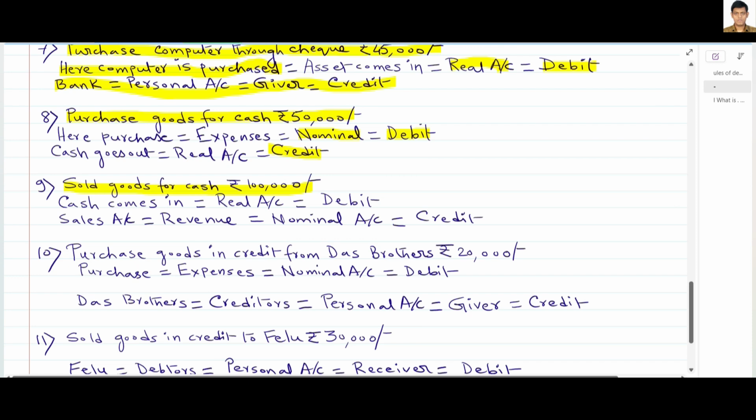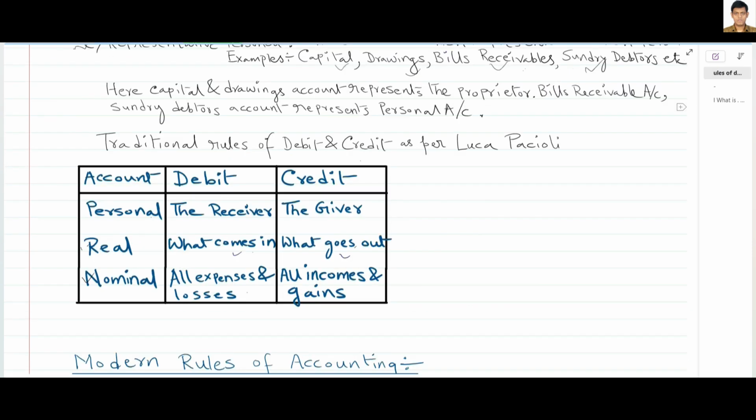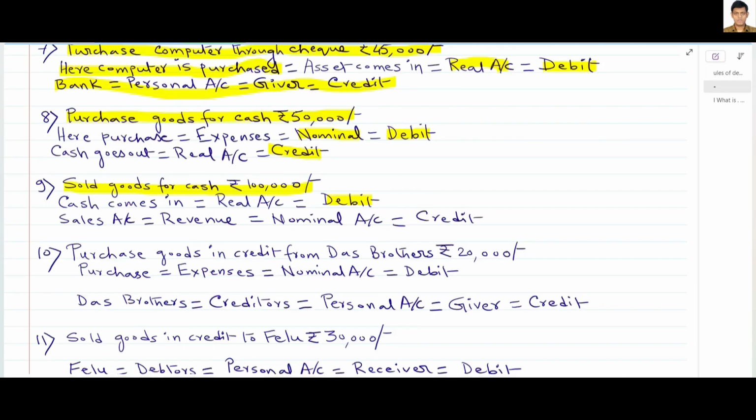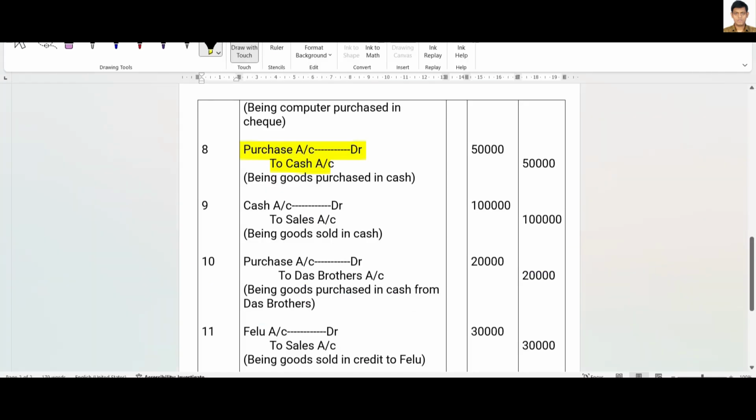So cash will be debit, and the sales account is a type of revenue, and all revenues and incomes come under the nominal account, and as per the rules of the nominal account, all incomes and gains are credit. So sales will be credit, and the journal entry will be cash account debit to sales. The narration will be being goods sold in cash.